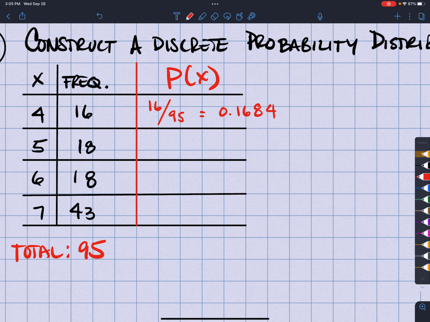Then I'll do the 18, so I'll do the same thing for every other one as well.